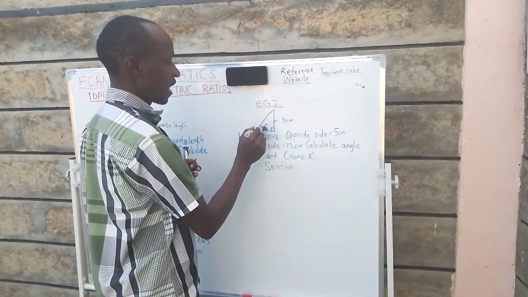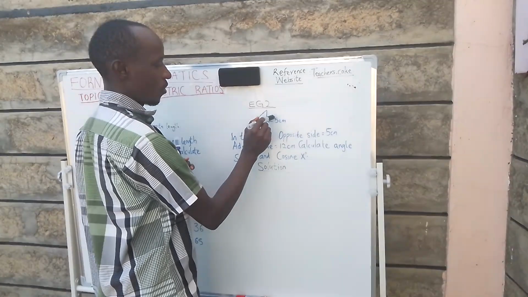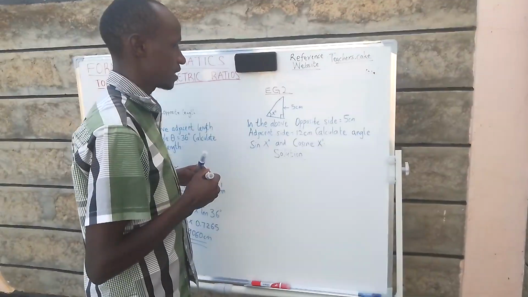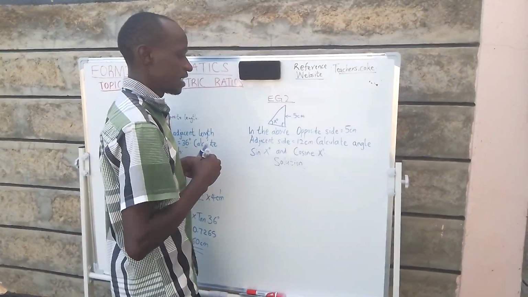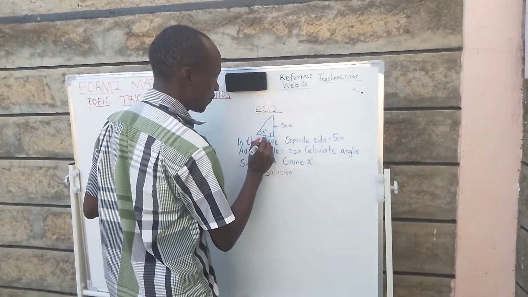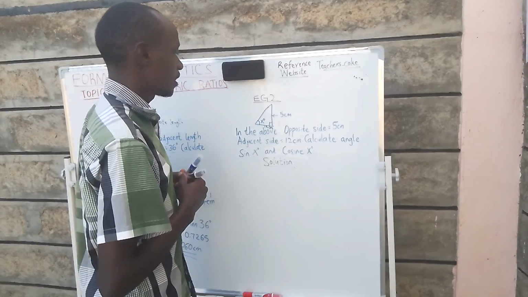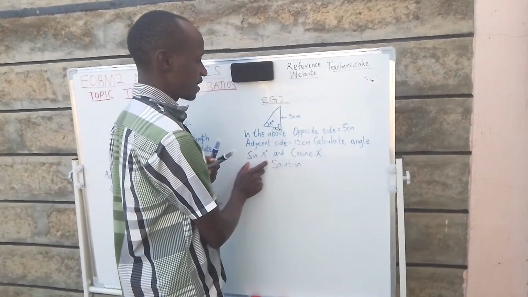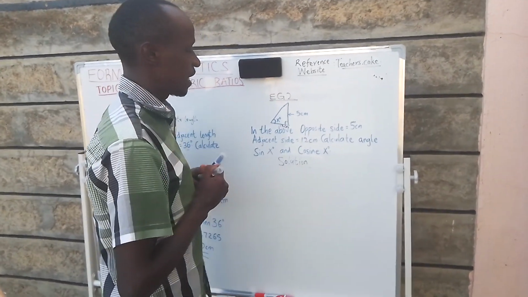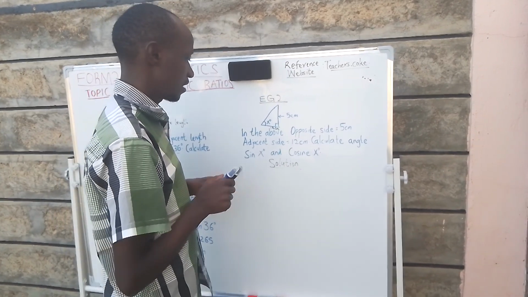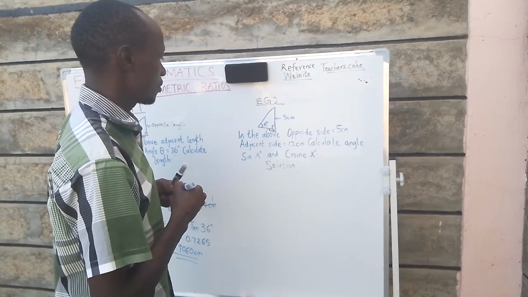When the angle is here, the opposite side is 5 centimeters, and the adjacent side we have been told is 12 centimeters. Calculate sine x degrees and cosine x degrees. So let's look at it in our solution.